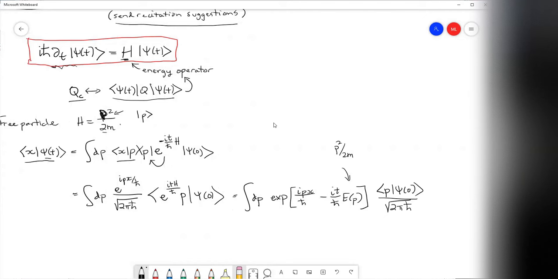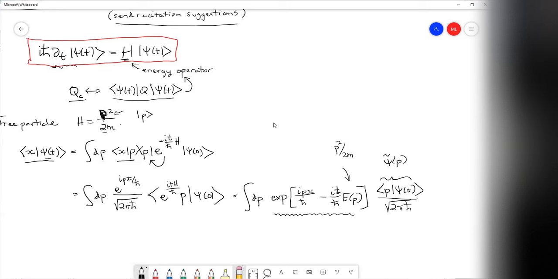And what happens here is this, right? This is just the momentum space representation of the initial state, your initial wave function. So you get psi tilde of p. So you see, all of the evolution in time is in here, right?